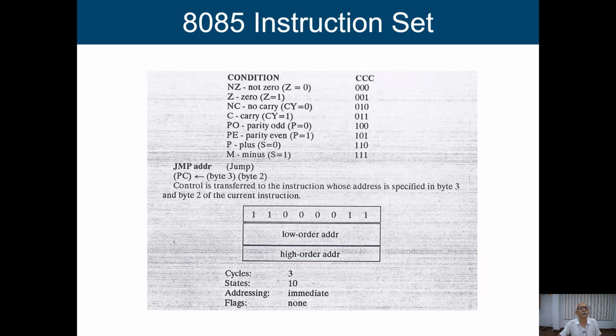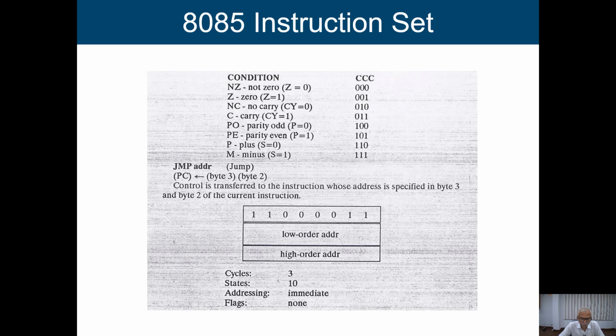After that we have another category, which is the condition or branch control. Now here we have some flag bits: the Z flag, the carry flag, where CY is the carry flag, the parity flag, where it is 0 for odd parity and 1 for even parity, and the plus and minus flags.